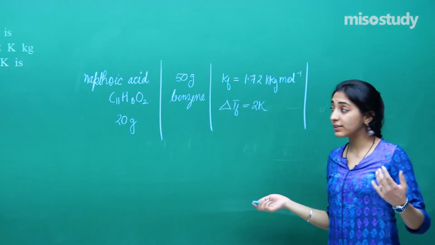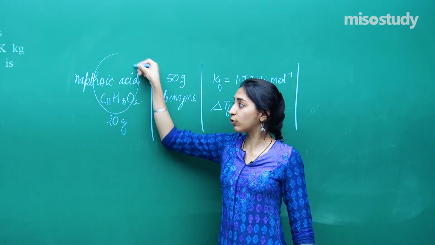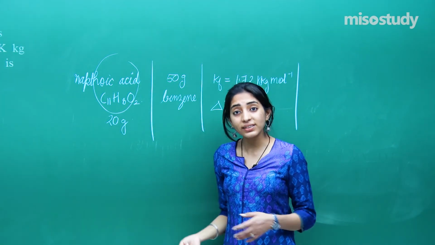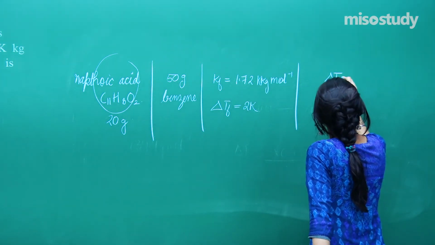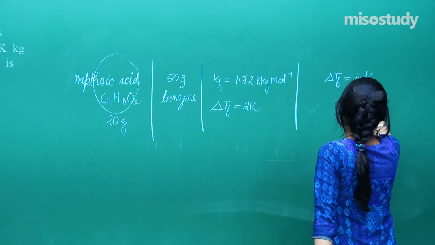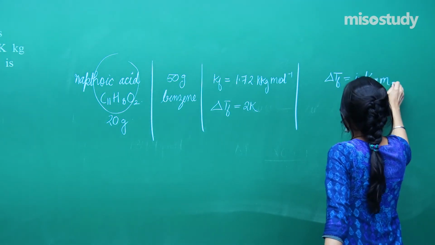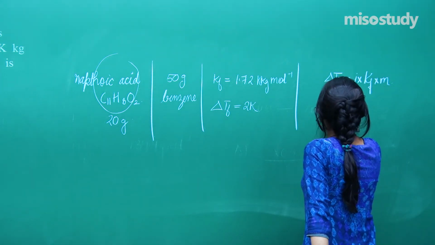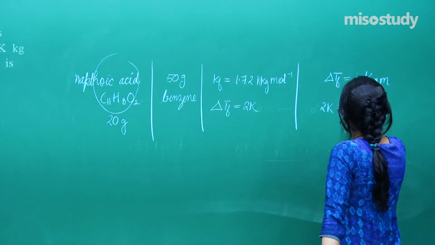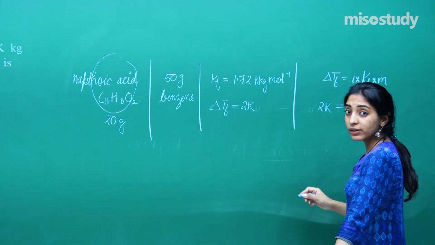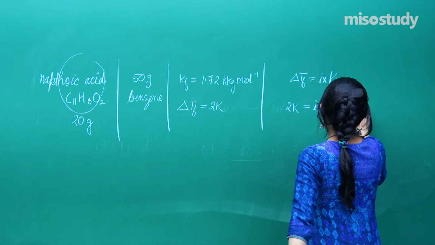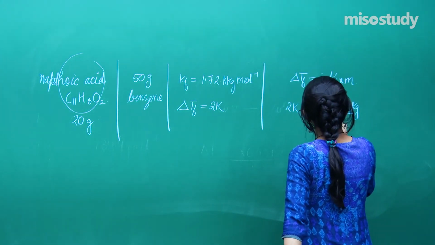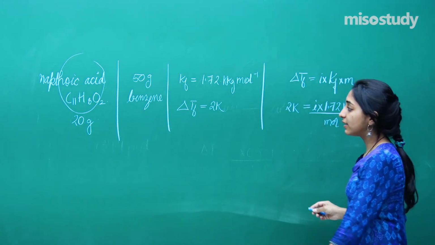See, easy enough, since we had no idea about this, he is now asking us to calculate the value of i. So once again I will use delta Tf is equal to i into Kf into molality. So delta Tf is 2 Kelvin, equal to i, I don't know, multiplied by Kf, which is 1.72 Kelvin kg per mole, multiplied by molality, which is given mass.